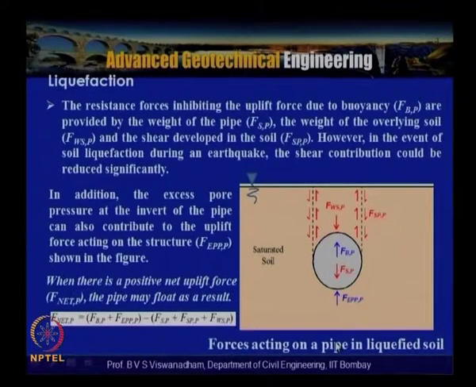This excess pore water pressure at the onset of liquefaction will momentarily be very high, and then the dissipation takes place. But at that point, the excess pore water pressure is so high that the positive net uplift force will be very high and will lead to the pipe flotation.